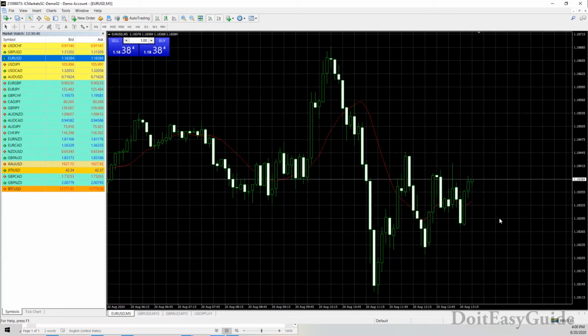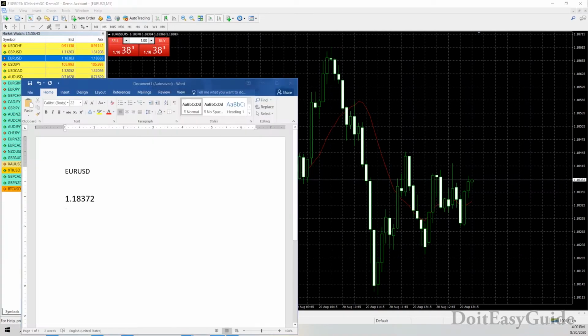Alright, so our current value is around 1.18372. Then what's the value here? 1.18145. So the price moved from this value to this value.